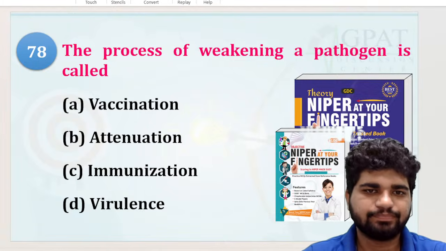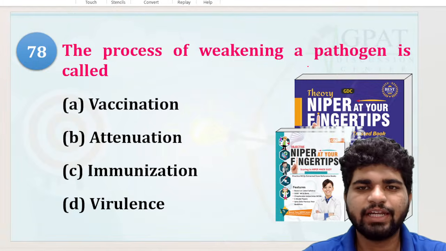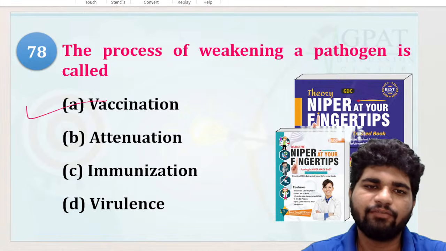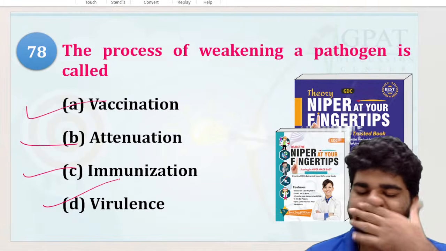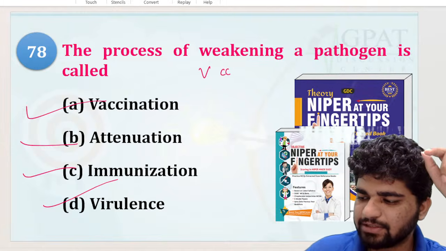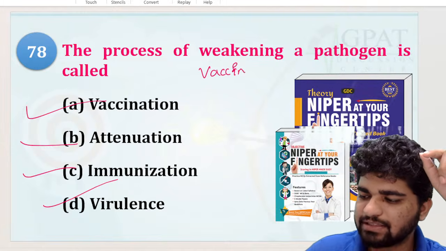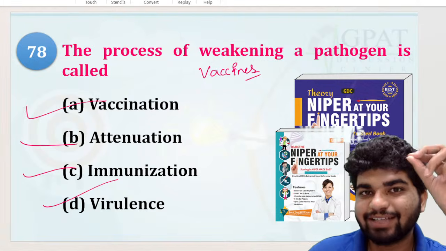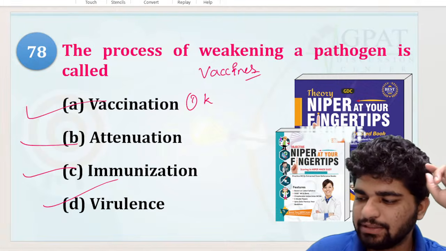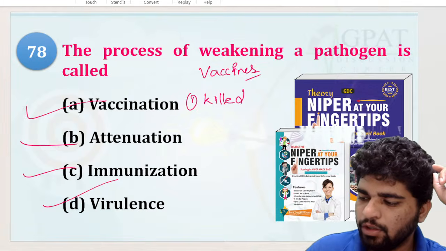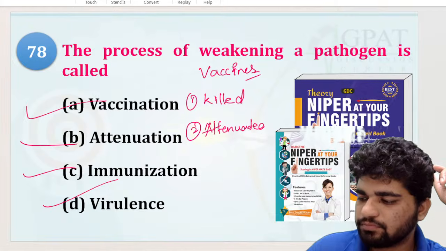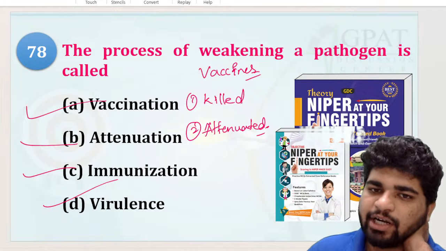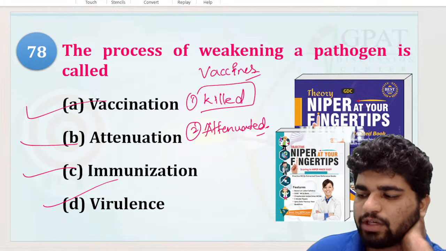Now this one. The process of weakening a pathogen is called vaccination, attenuation, immunization, or virulence. For example, in the case of vaccines, vaccines are of two types: killed vaccine or attenuated vaccine. Killed vaccine is what?